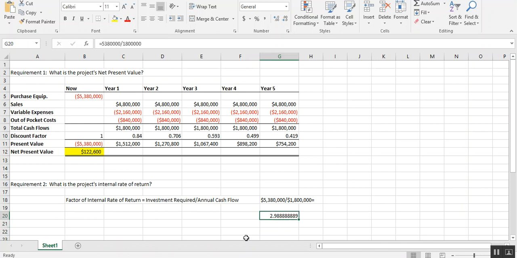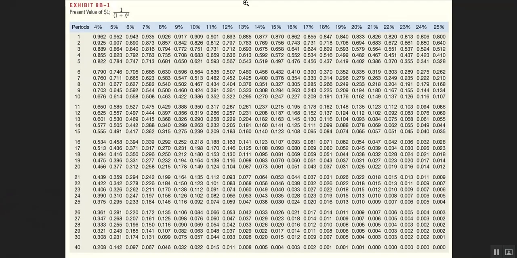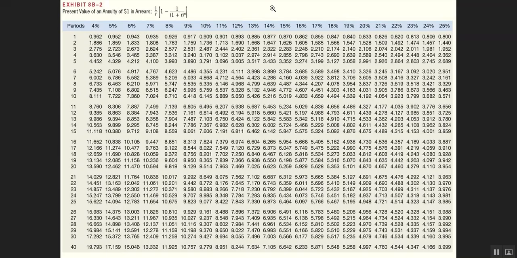Once we get this, then we're going to have to go back into our charts. And this one, instead of using the present value of $1 and bringing those each back to a net present value, I'm actually going to use, mine's labeled Exhibit 8B2.